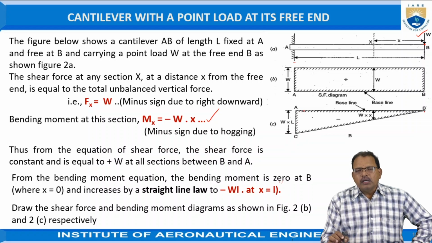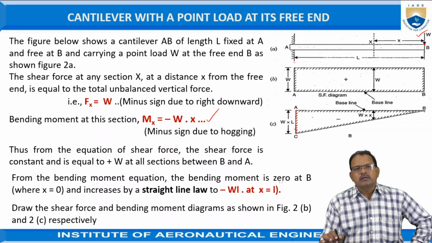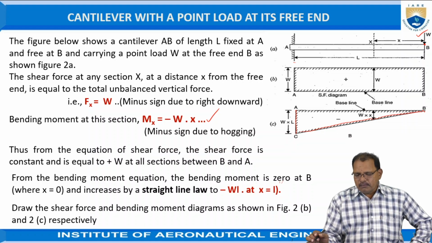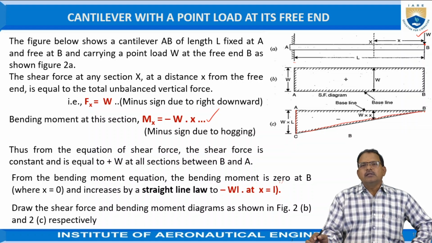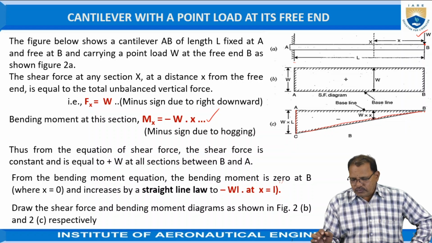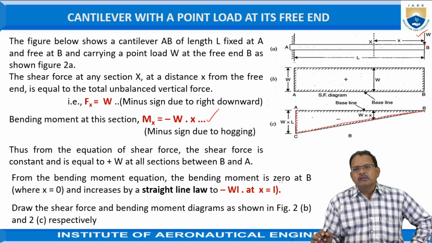So at A, represent the bending moment as a vertical line in the downward direction as per a suitable scale. Join B and C by a straight line. This diagram represents the bending moment. Here it is a negative bending moment because the effect of the bending moment is sagging.